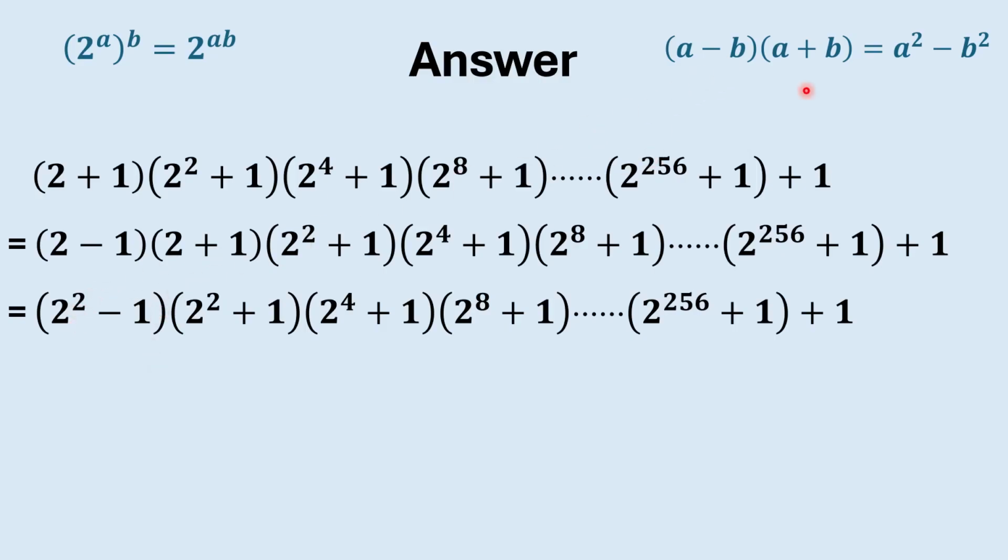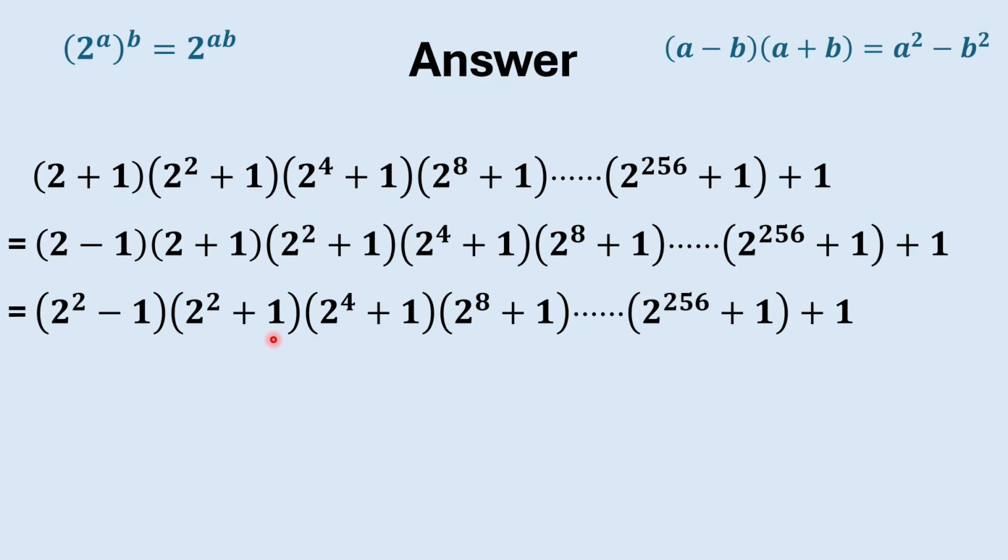We can just keep using this formula to calculate it, and it's equal to (2 squared) to the power of 2, minus 1. Then we can use another important formula: (2 to the power of a) to the power of b is equal to 2 to the power of a times b. So (2 to the power of 2) to the power of 2 is equal to 2 to the power of 2 times 2, which is 2 to the power of 4.